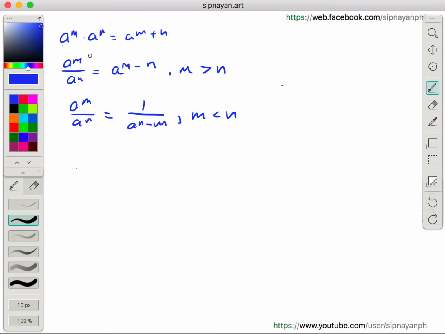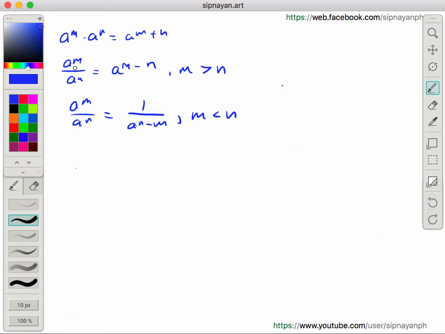So, ito yung mga napag-aralan natin sa previous videos. Pag meron tayong dalawang expression na pareho yung base, tapos i-multiply natin sila and merong exponent, we have to add the exponent.